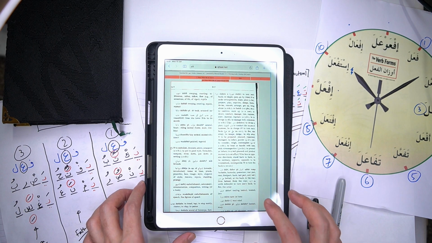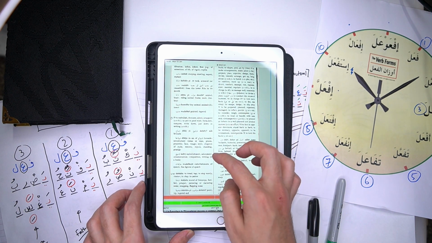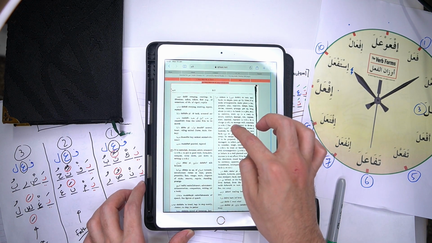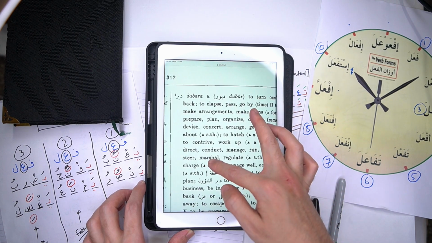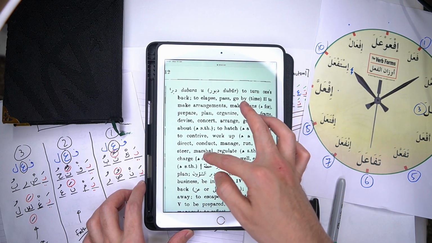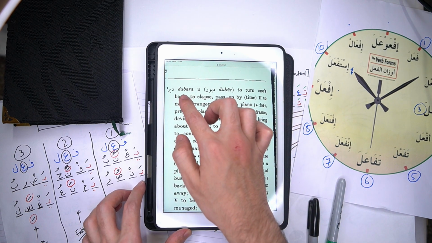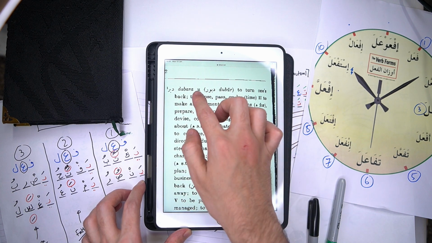Right, so we come to this page now. So here is where it starts from. Alright, you can zoom that in. So there you can see dabara with a U there.